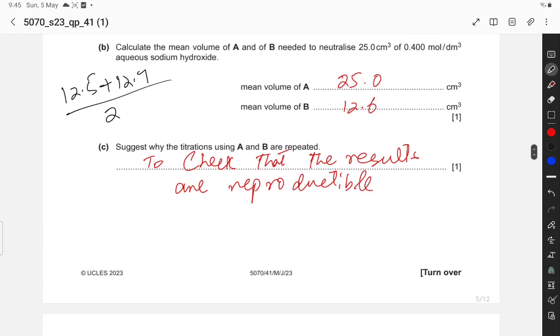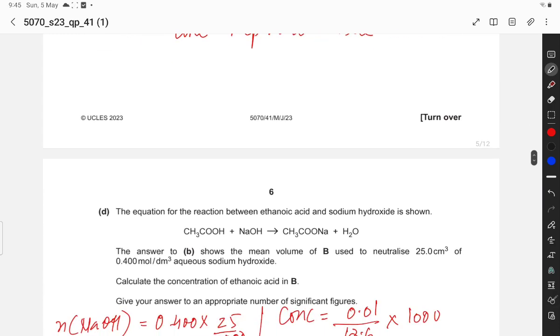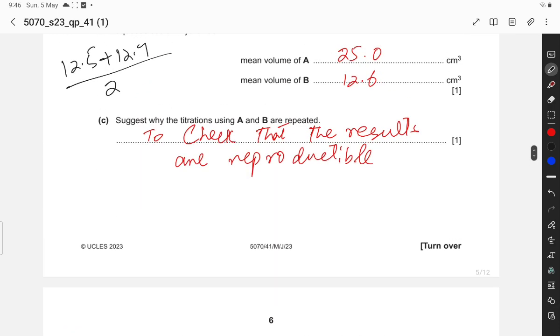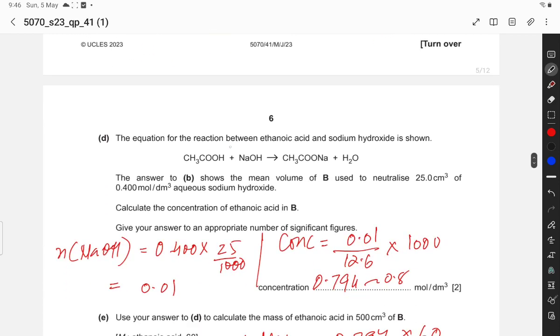Suggest why the titrations using A and B are repeated: to check that the results are reproducible. Our results are accurate, you can write down. The equation for the reaction between ethanoic acid and sodium hydroxide is shown. Keep it in mind that sodium hydroxide is taken in the flask.